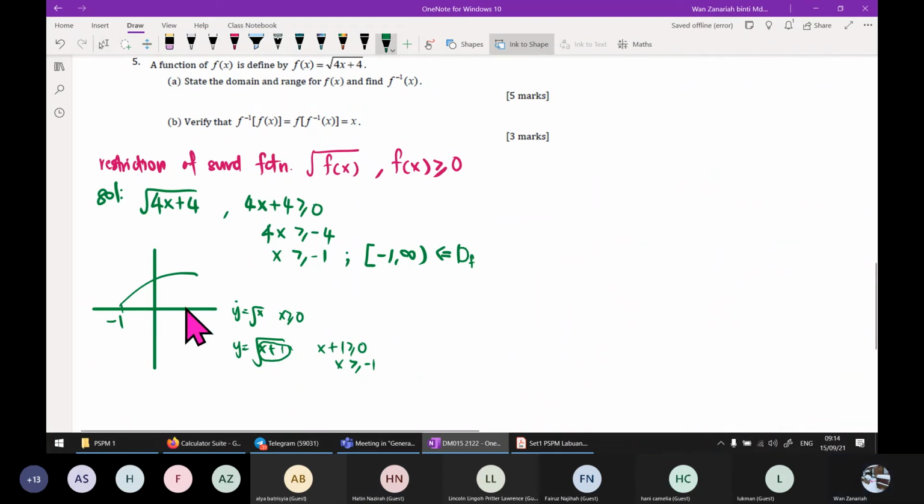Okay. So, kita tahu, function sekarang for square root of X plus 4. Ini soalan yang I bagi. Soalan yang kita perlu selesaikan is when X is greater and equals to negative 1. I dah lukis dah yang ini.